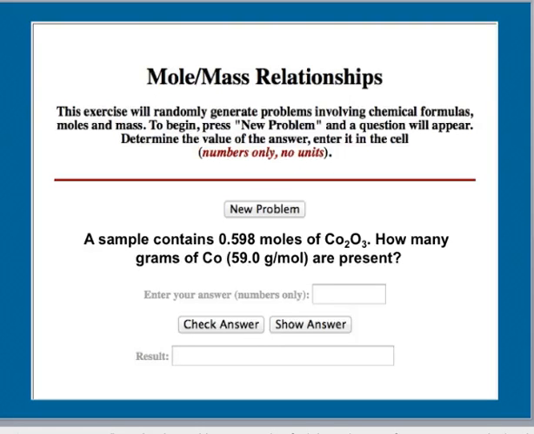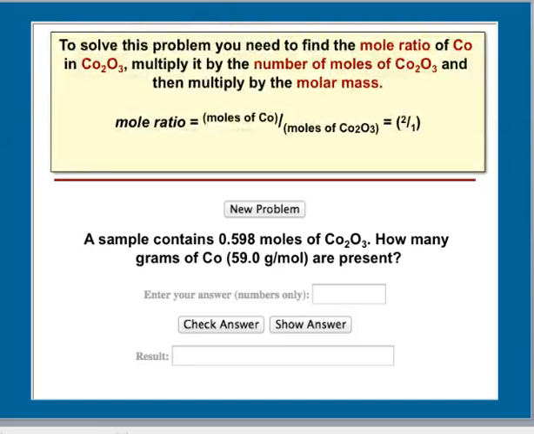How many grams of cobalt do we have in this sample? Our mole ratio, 2 cobalts for every cobalt 3 oxide. Right? We are given moles of cobalt 3 oxide, so that has to be in the denominator. And our ratio is 2 to 1.